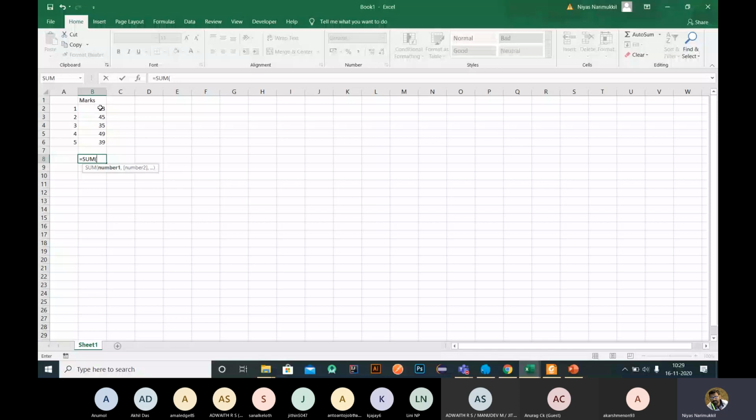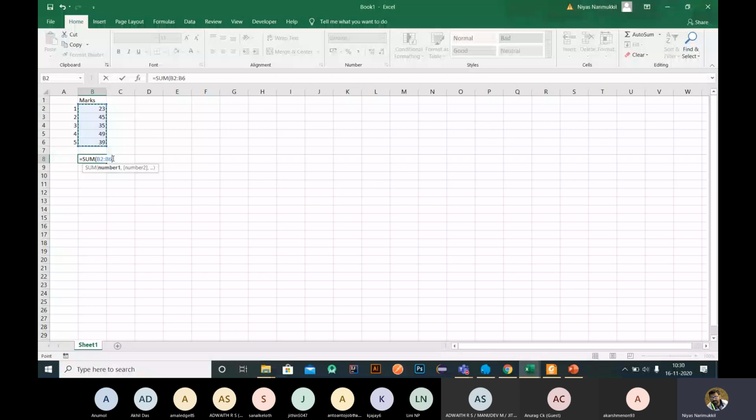B is the column name in this Excel, right? The values run from B2 to B6, so we need to select the entire range from B2 to B6. That is shown like that, B2 colon B6. Then we close the sum function and we get the sum. This is the sum of all these values, right?